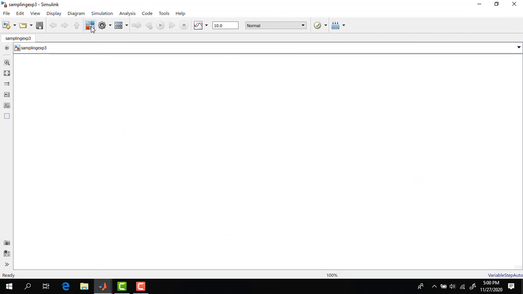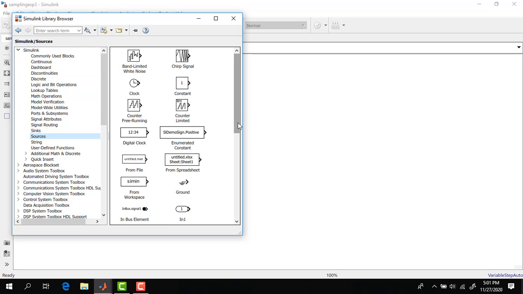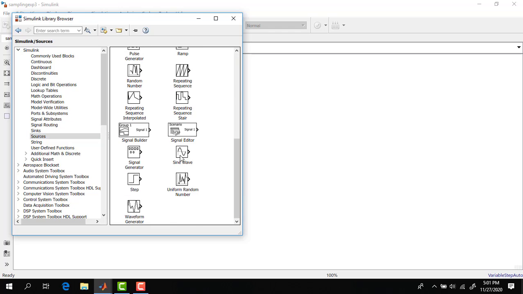So here is our library simulator. So I'm gonna choose my sine source from this library browser. In the Simulink section, we have the sources. So let's choose our desired sinusoidal source from here. So here is our sine wave. You can just drag it from here to our blank screen.